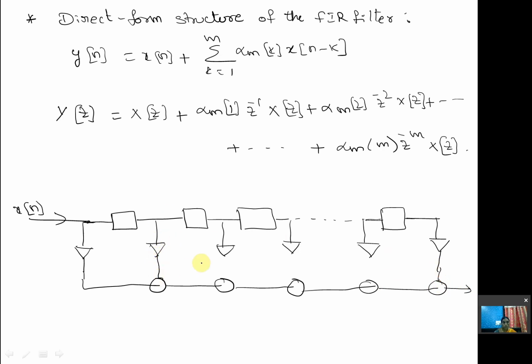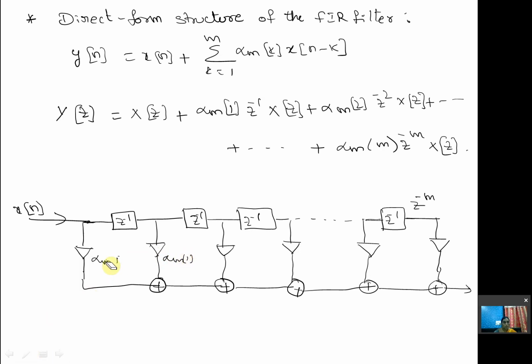So first draw the delay units, then draw the multipliers, and then draw the adders like this. This is Z inverse, Z inverse, Z inverse. How many unit delays here? M. Here you can get Z power minus M. Then this is alpha M of 1.